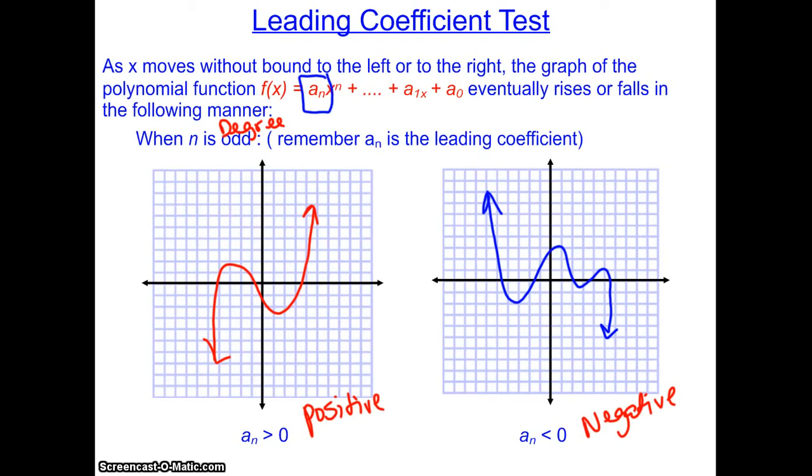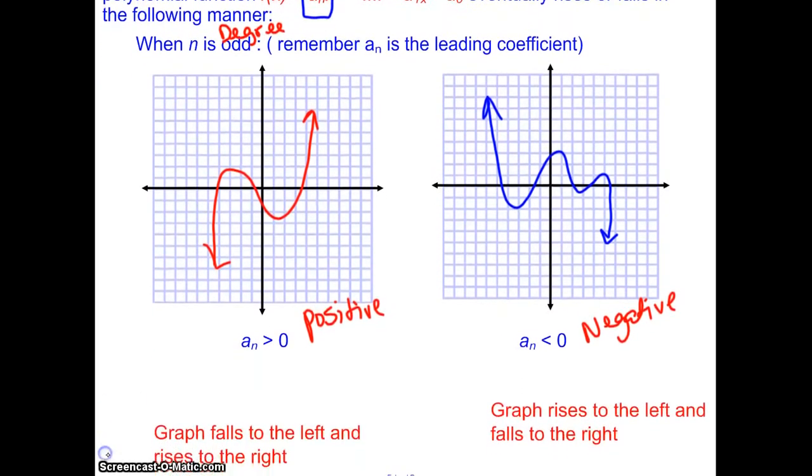Let's talk about the end behavior. So on the left function here, the graph falls to the left and rises on the right. Well, how would we write that in function notation, in mathematical notation? f of x will represent the graph. f of x goes down. What's down? Negative infinity.